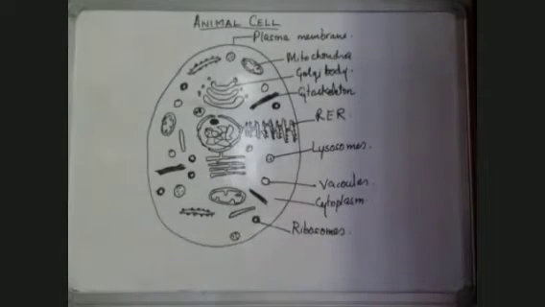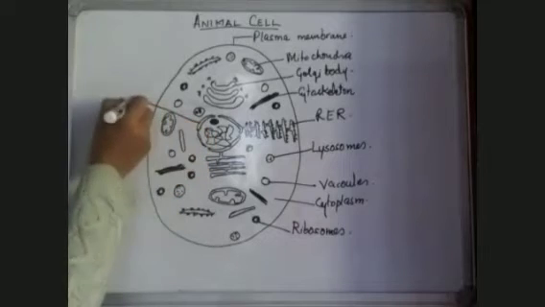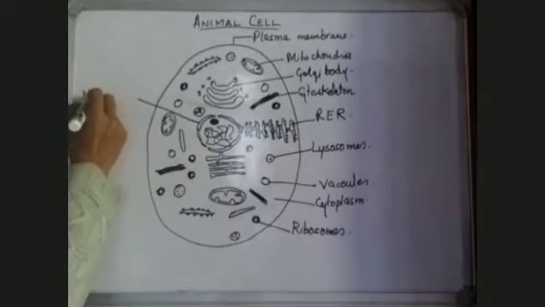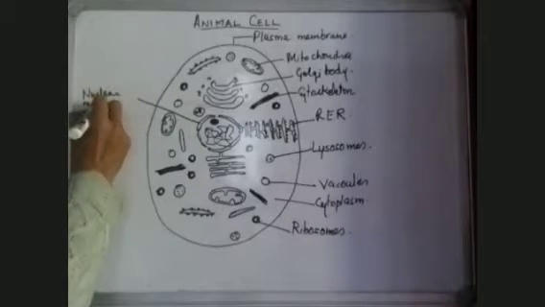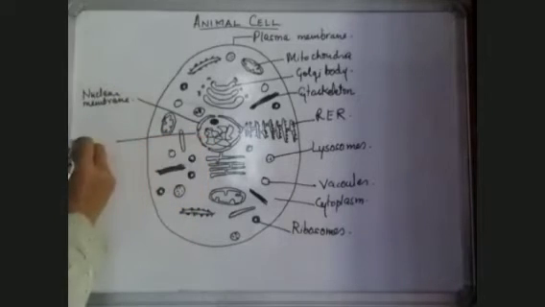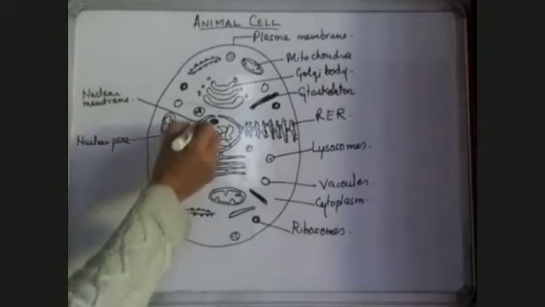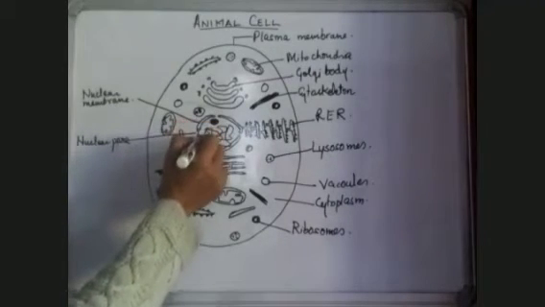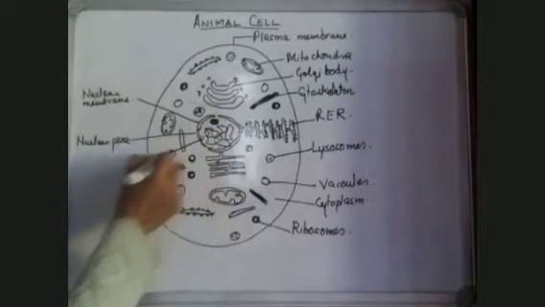So most of the labeling is done. Now what is left is the nucleus part. So this is the nuclear membrane. And then these are the nuclear pores. Then the ground substance inside the nucleus is nucleoplasm.